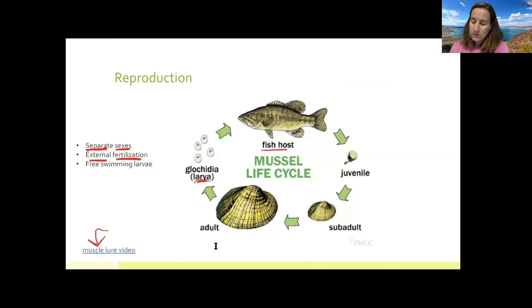It's one of my favorite ones to watch when we're talking about bivalves, because I'm not going to give it away, but it's really cool. Watch it and you'll find out why it's cool. And you'll get to see this life cycle in real life happening, at least with the Glochidia larvae, and how that gets to the fish. So check it out, watch it, see how cool they are for this specific type of freshwater mussel, the Lampsilis.